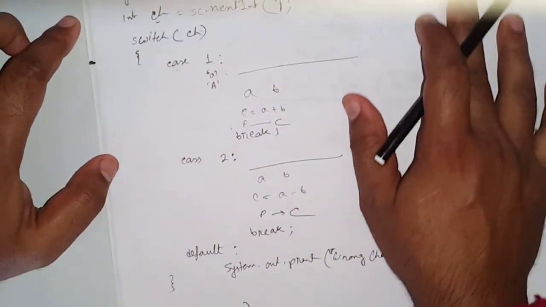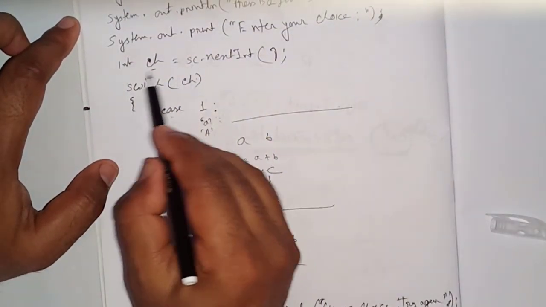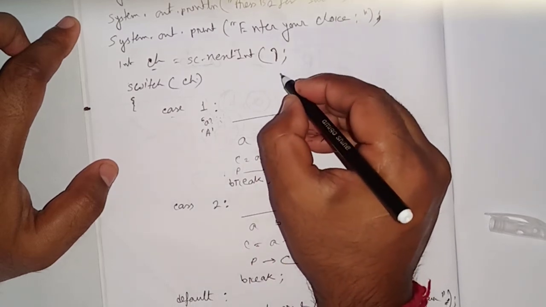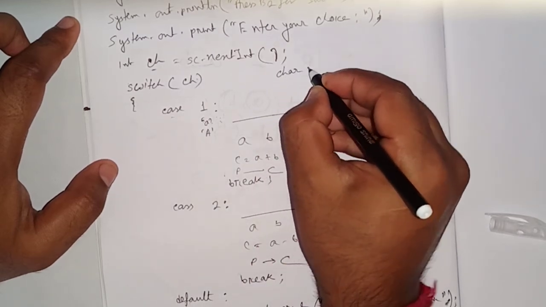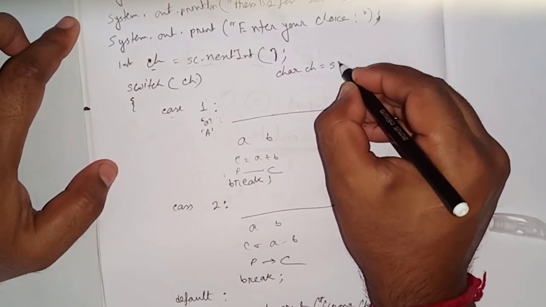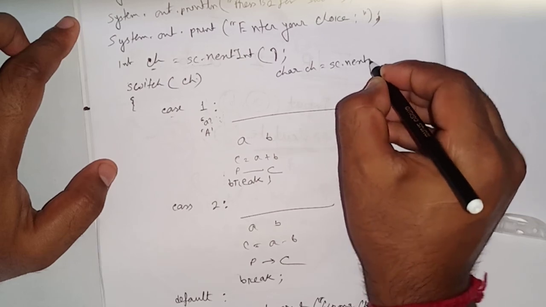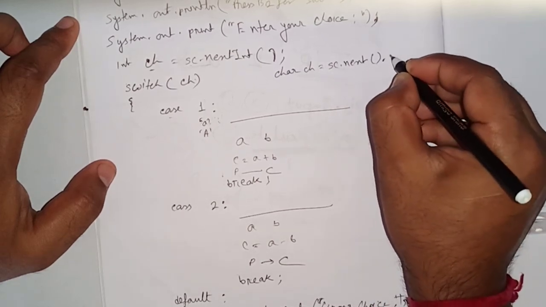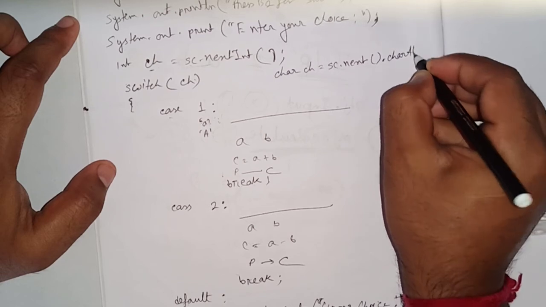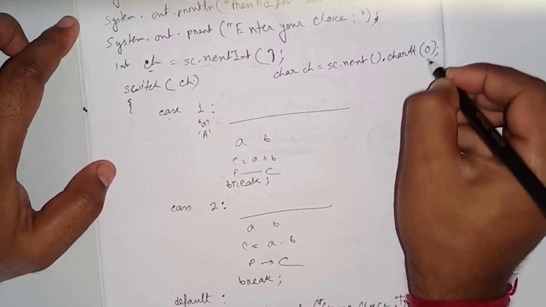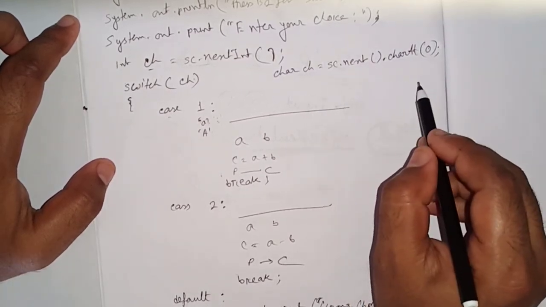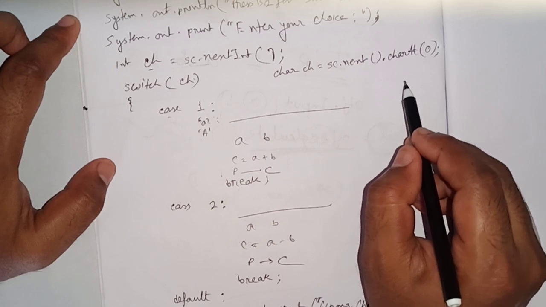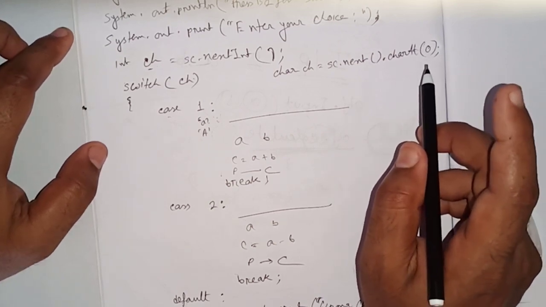And the input line also changes. You write char ch is equal to sc.next().charAt(0). This line is used for taking a character input, or a single letter, from the user.